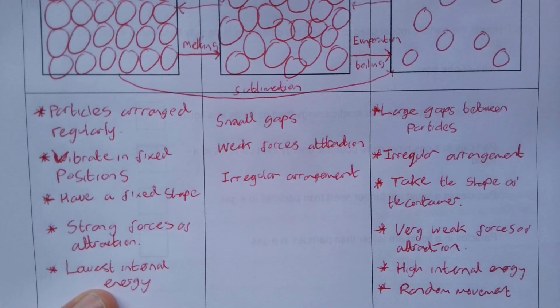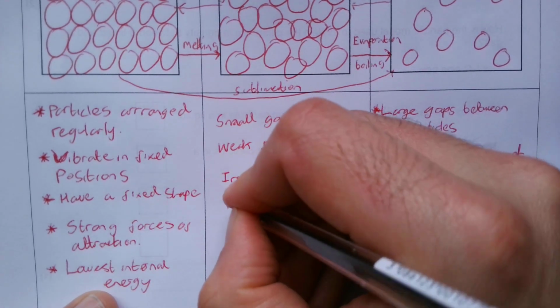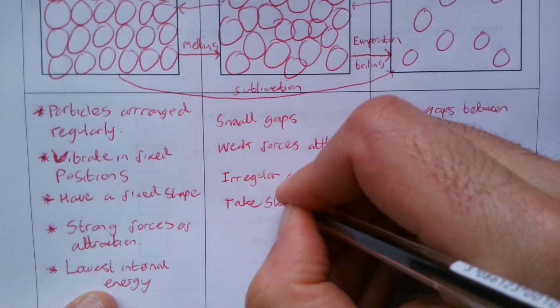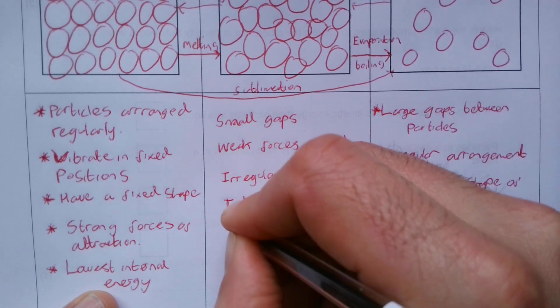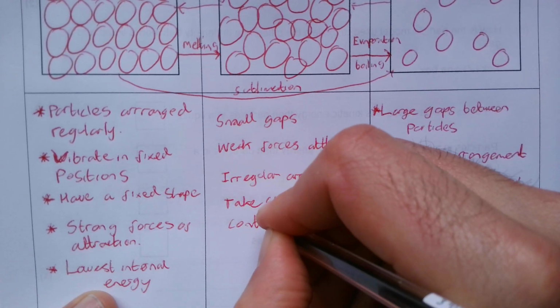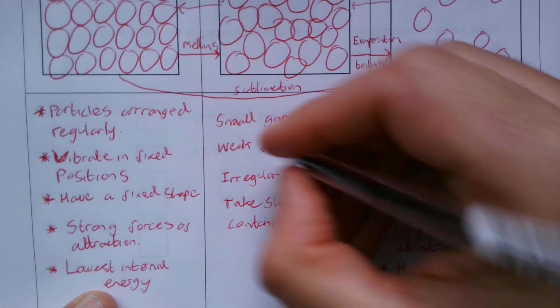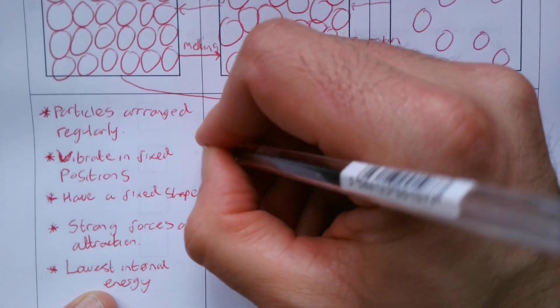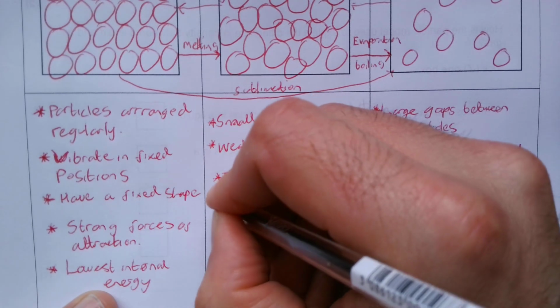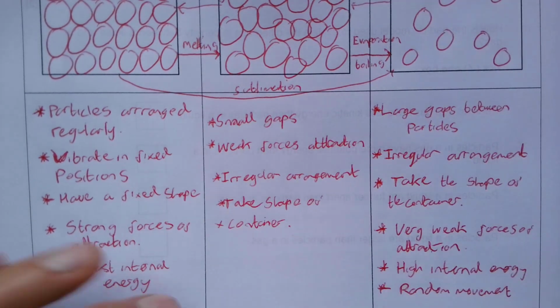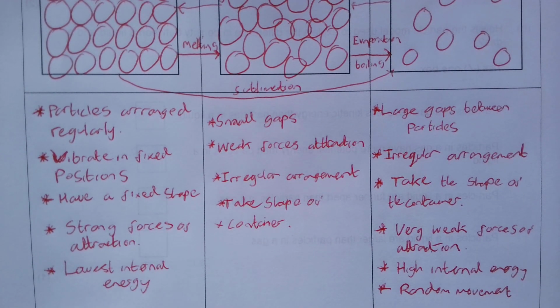And then finally, they also take the shape of their container. Now you will need to remember these properties because it will really help you with some questions, as we're going to do in the second video for this section. So we're going to use this for answering the remainder of the questions.